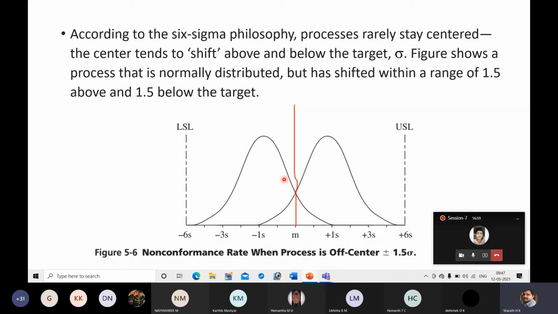So the target value is 18 mm, and the acceptable limits are 17.5 and 18.5. You are able to produce within that range.